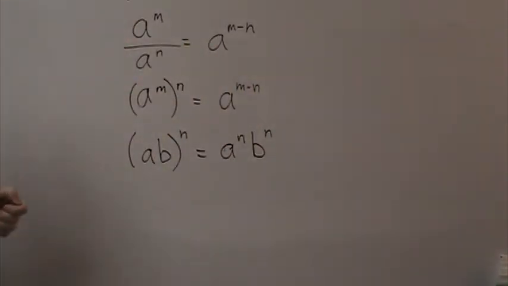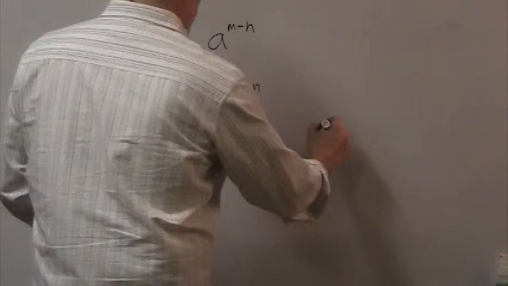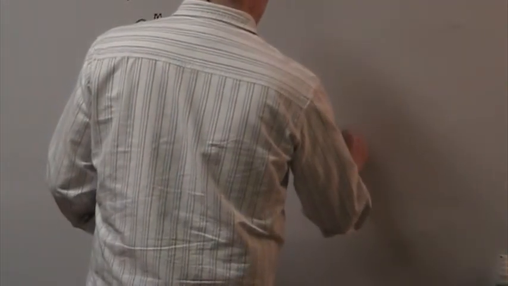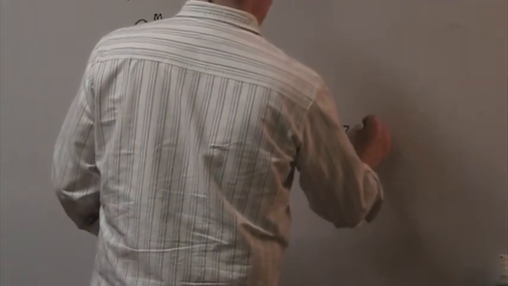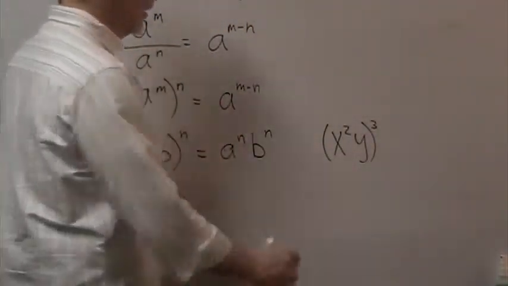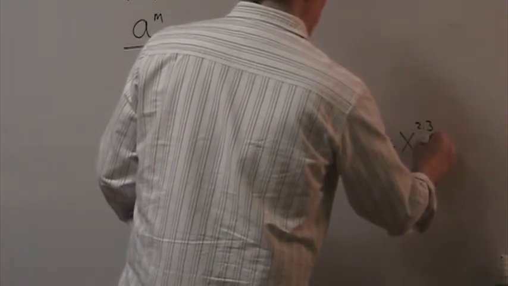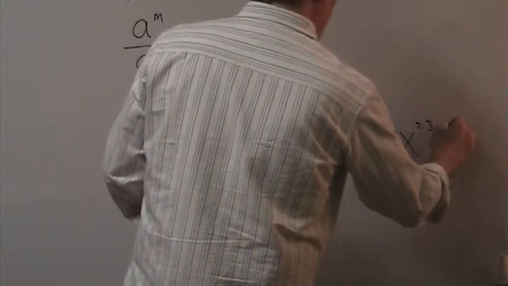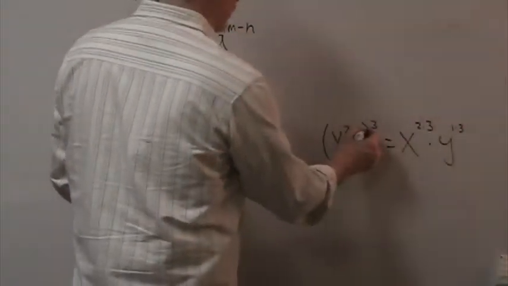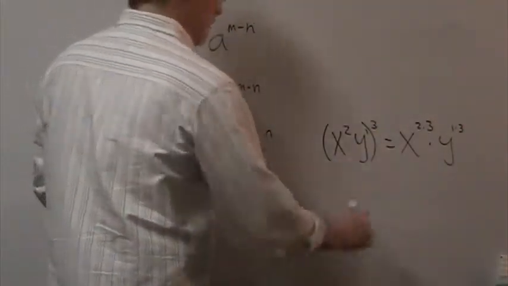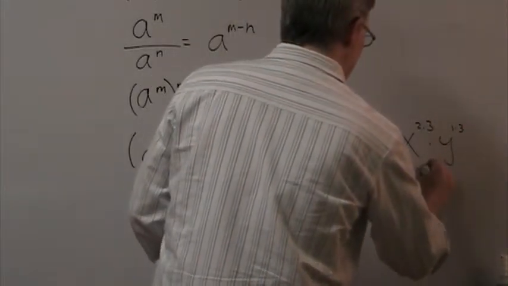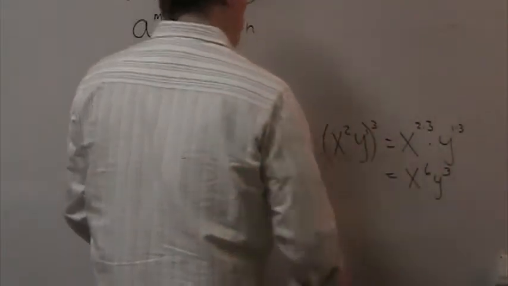An example of that would be x squared y raised to the third power. Looking at that, you have x to the 2 times 3 times y to the 1 times 3, because this little y has a 1 there. So that gives you x to the 6th, y to the 3rd.